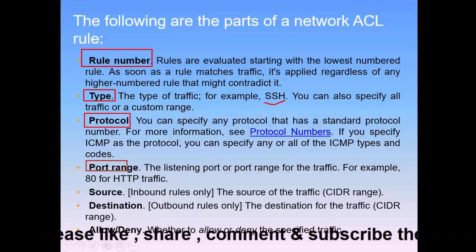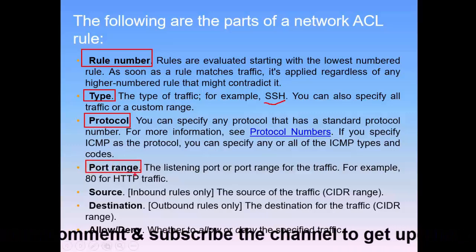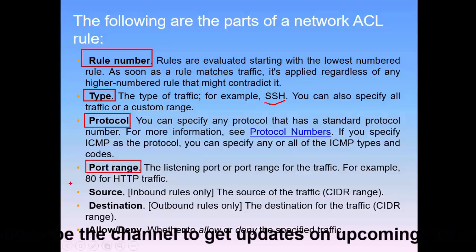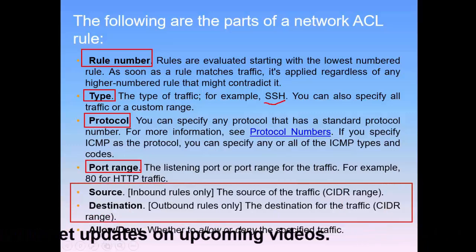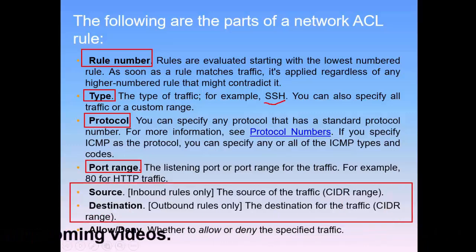Port range, whatever you want to give. And source and destination IP range. You want to give some specific IP range, or you want to allow the complete range, or anyone. And then what condition you want to apply there. You want to allow this traffic or you want to deny this traffic.